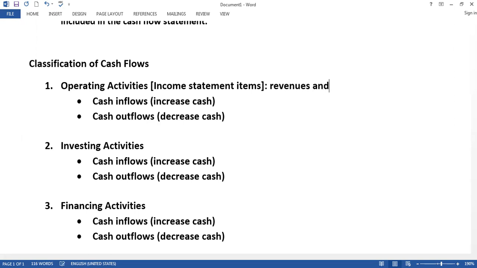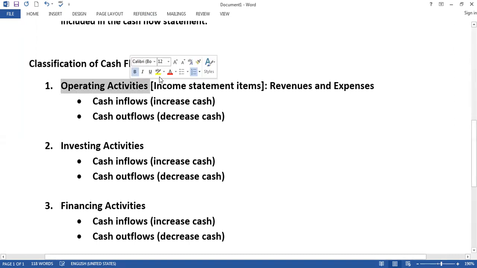Revenues and expenses. Revenues and expenses are the income statement items, right? So revenue and expense belong to operating activities.